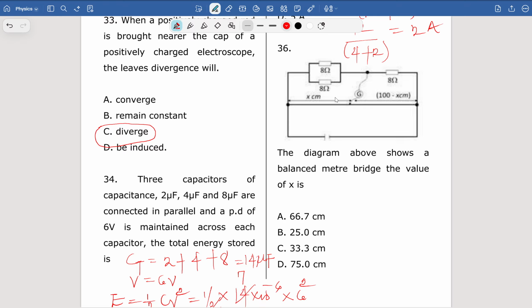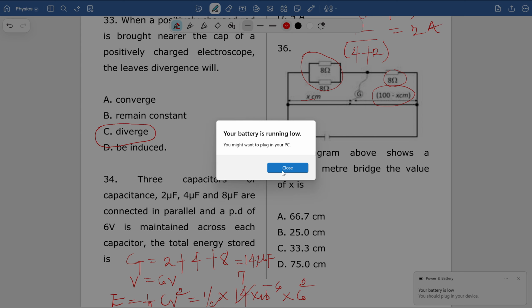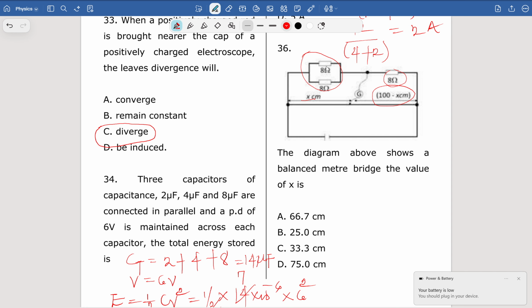So it implies that the combination of these two resistances which are in parallel is against this value of X, and the 8 ohms here is against this distance 100 minus X. So the equivalent of 8 and 8, let's quickly calculate for that.